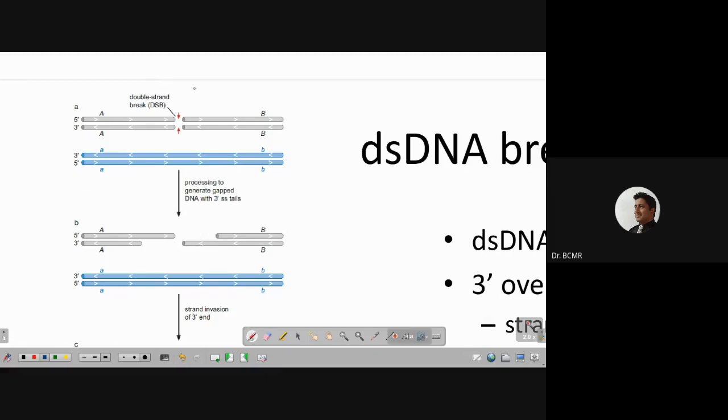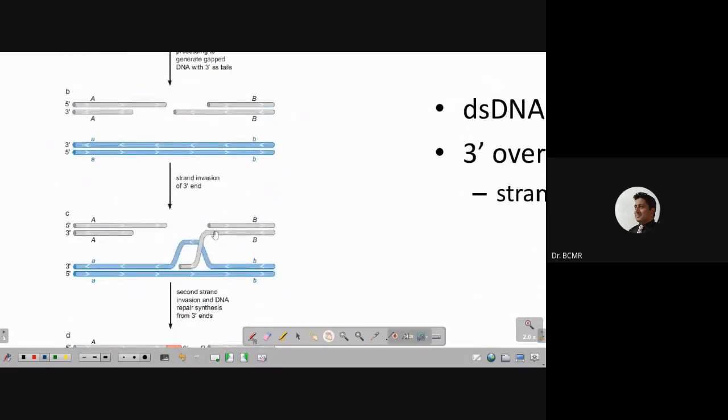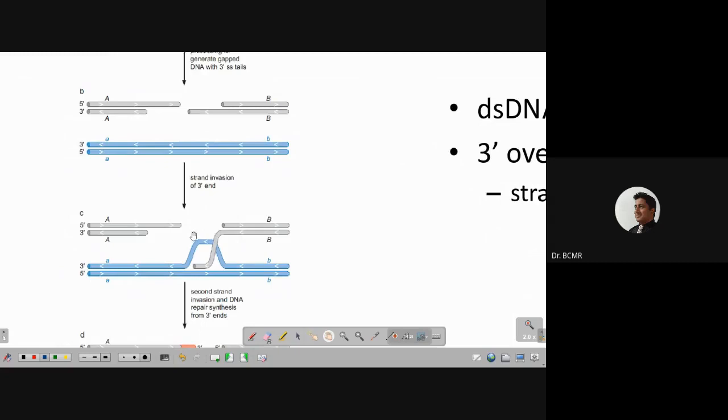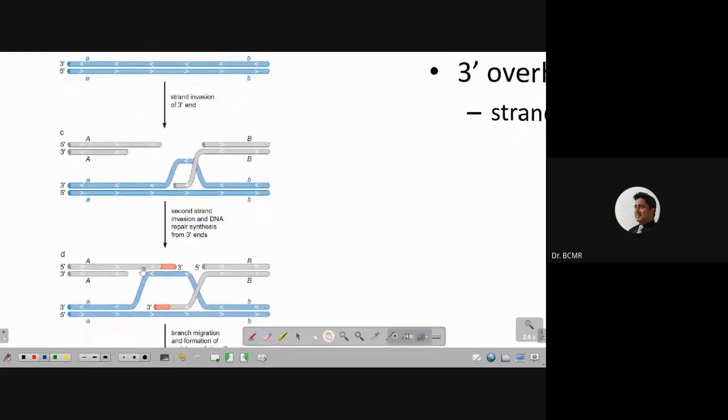Okay, double strand break and then processing of the gaps to generate 3' overhangs like this, and then strand invasion. The strand invades the other DNA molecule, displacing the complementary strand like this. The second strand invasion is something like this.